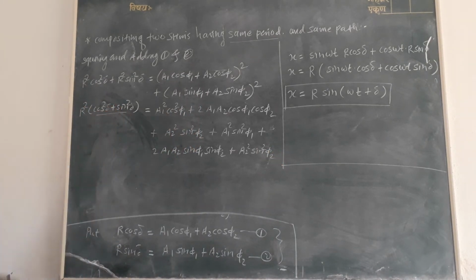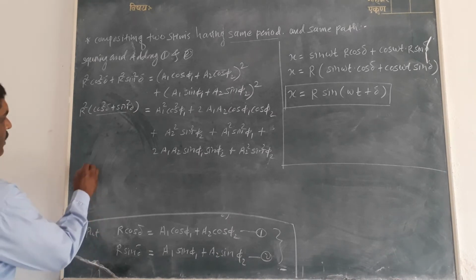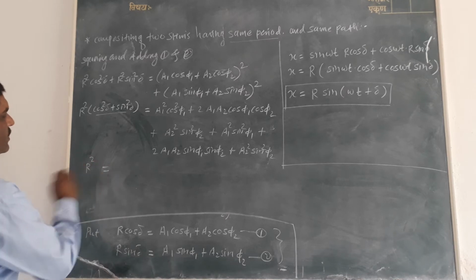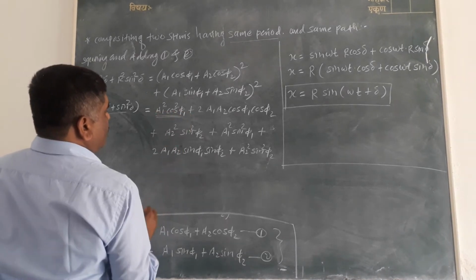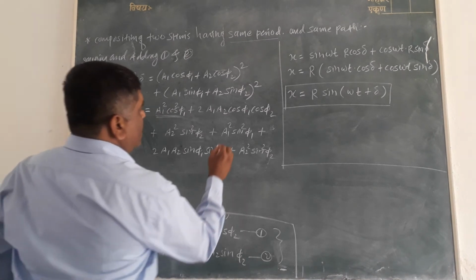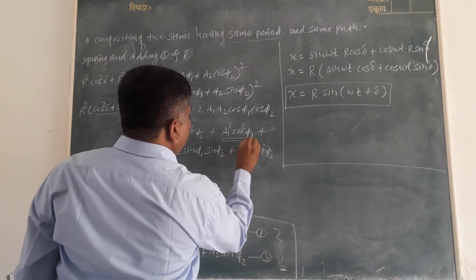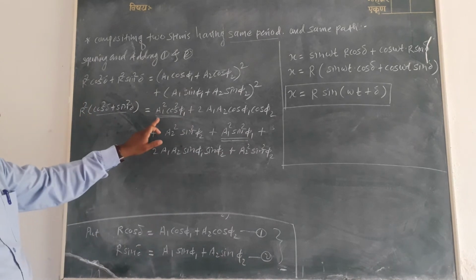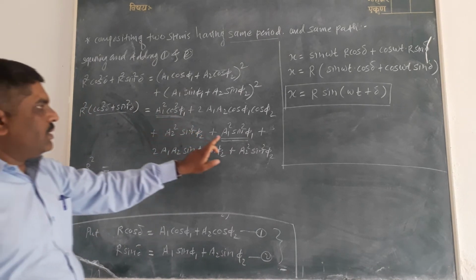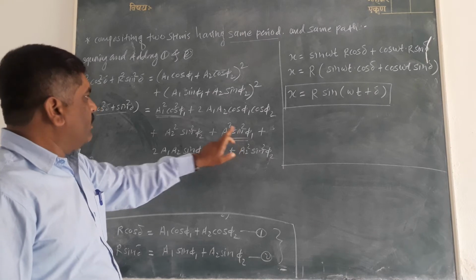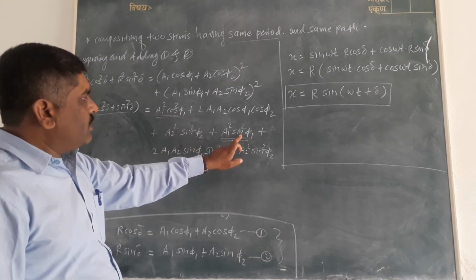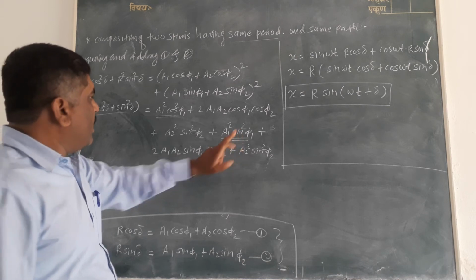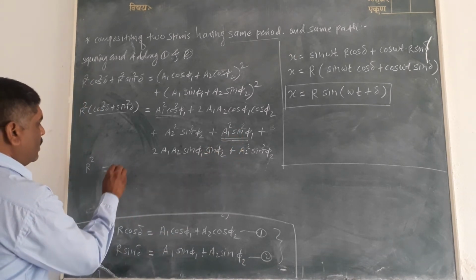Cos square delta plus sin square delta is 1, therefore r square is equal to, if we compare the first term and this term, a1 square cos square alpha 1 and a1 square sin square alpha 1, cos square alpha 1 plus sin square alpha 1, that is 1 only.